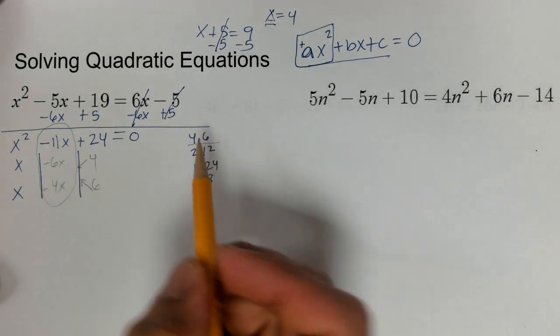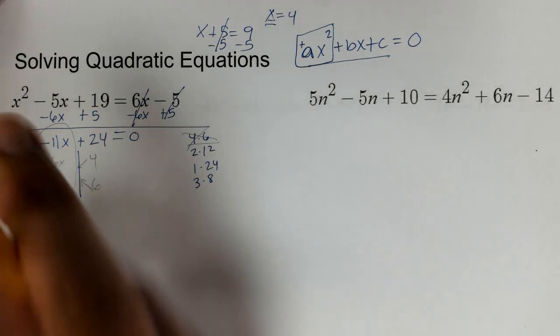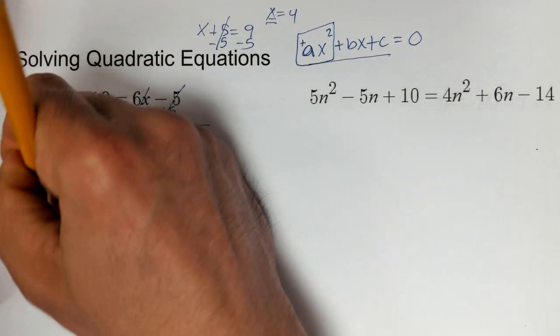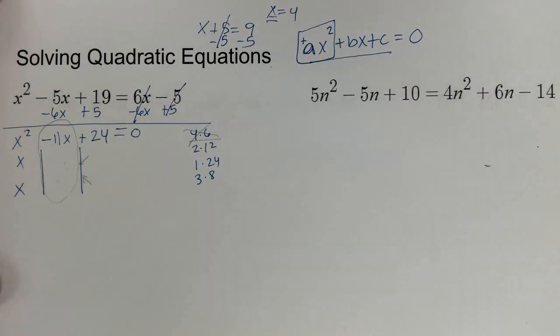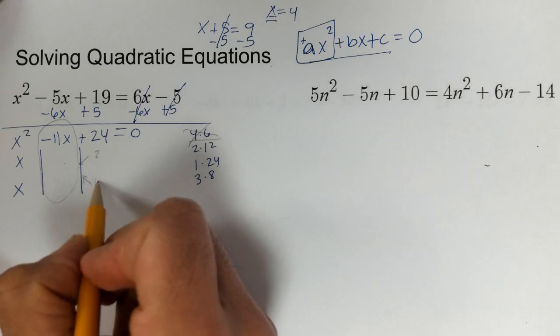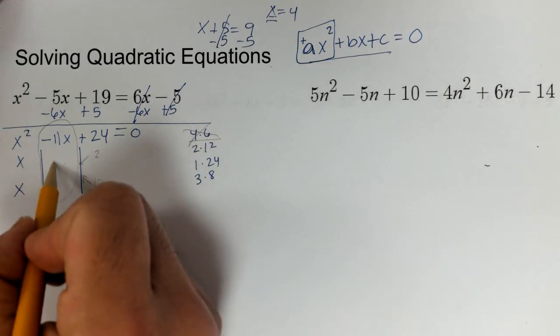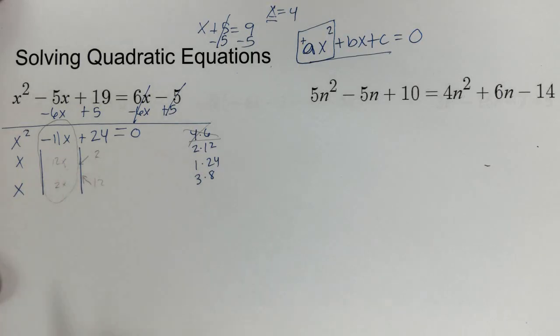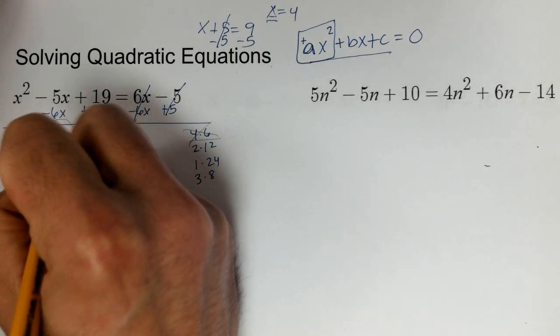So I know 4 and 6 are not a combination. And I try it some more. The more practice you have with this, the more experience, the faster you're going to be able to identify the correct factors. Well, 2 and 12 give me 24. But when I cross multiply, I have 12x and 2x. Can that give me somehow an 11? No again.